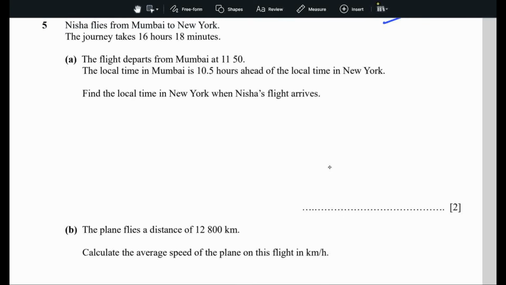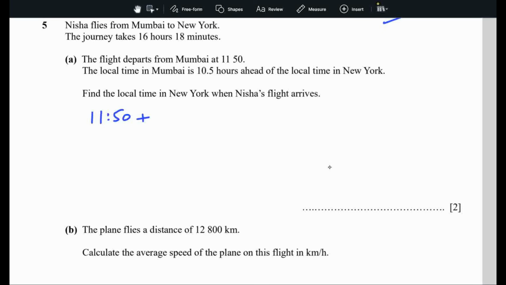Nisha flies from Mumbai to New York. The journey takes 16 hours and 18 minutes. So the flight departs from Mumbai at 11:50 local time. So it means that 11:50 plus 16 hours and 18 minutes.